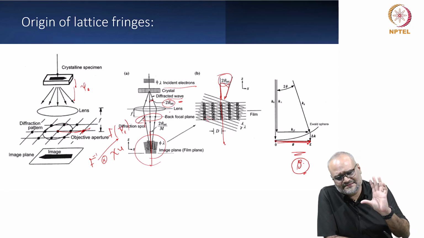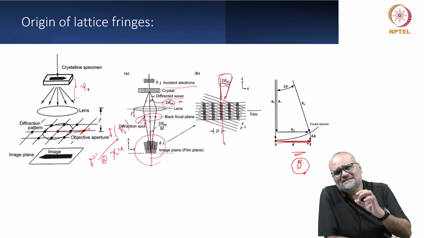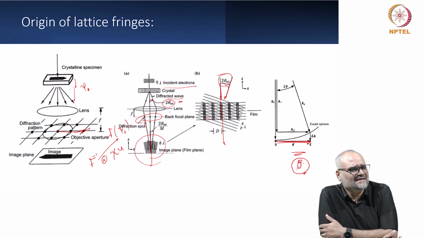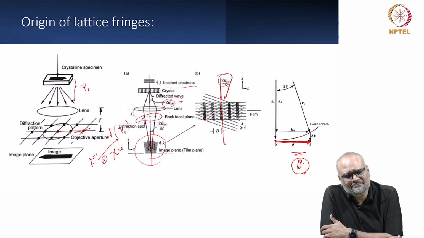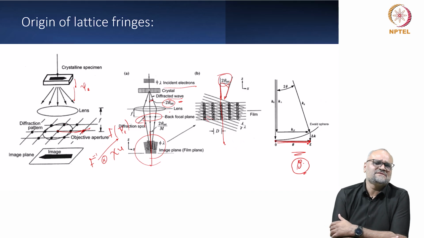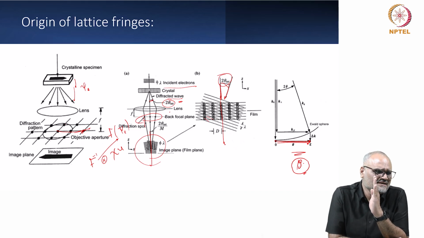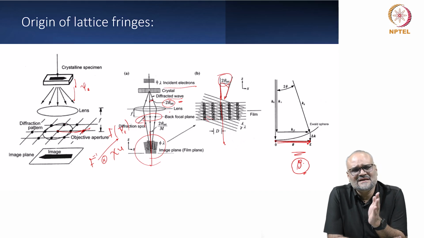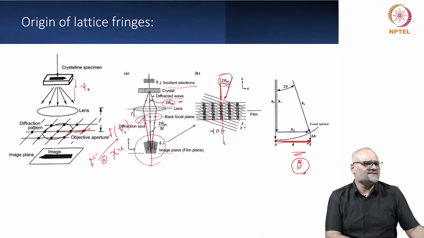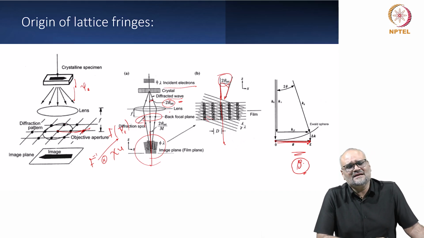So in order to record this high resolution information, it is imperative that you orient your specimen precisely along the crystalline zone axis, and then the lattice images that arise are a consequence of the interference between the forward scattered electron beams.